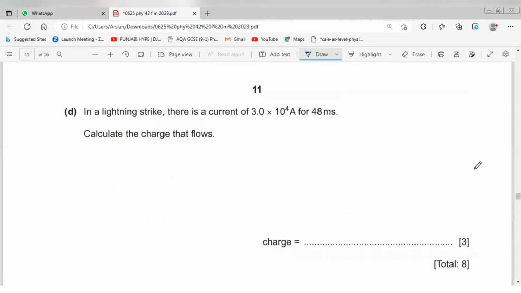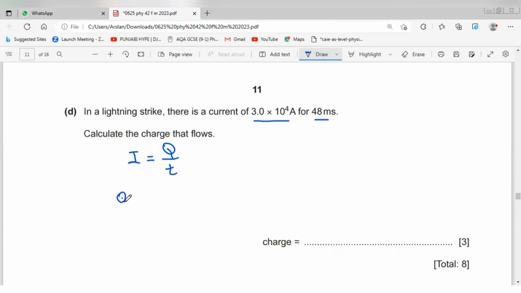D part. In a lightning strike there is a current of 3 × 10^4 amperes for 48 milliseconds. Calculate the charge. You know that current is charge over time; the rate of flow of charge is called electric current.